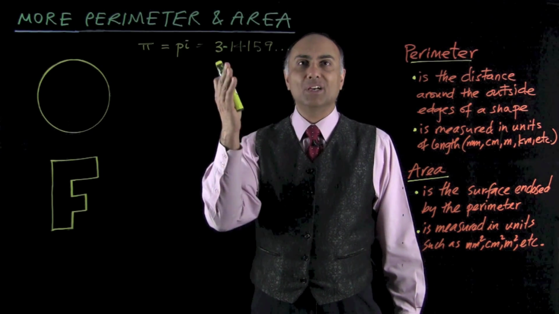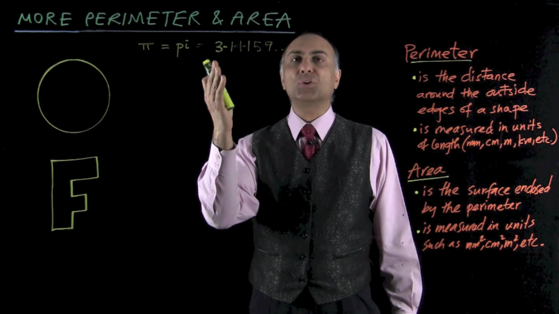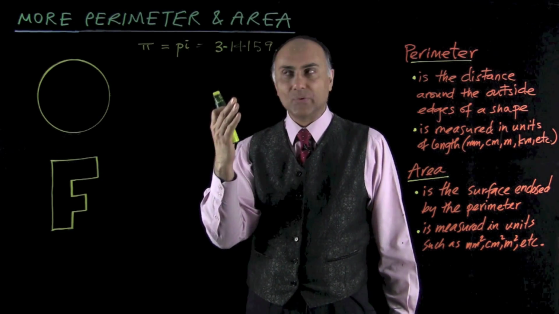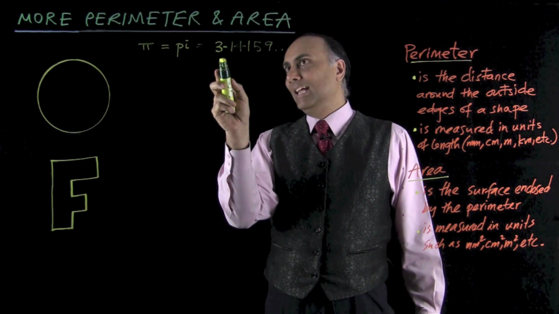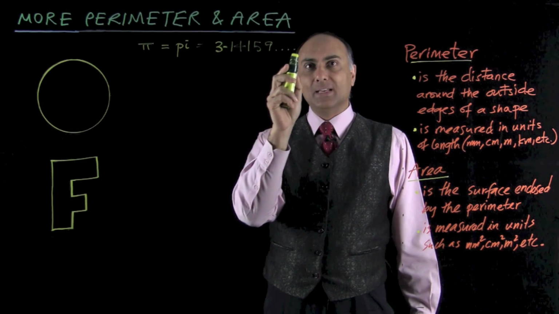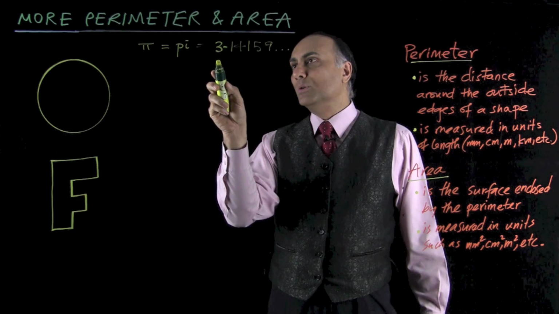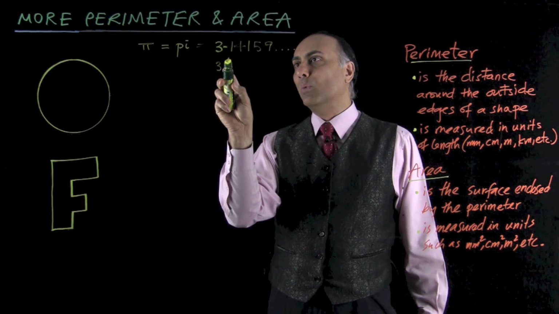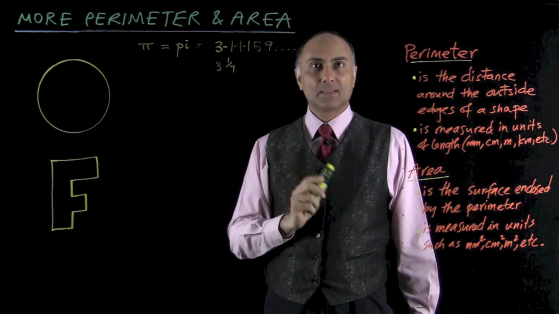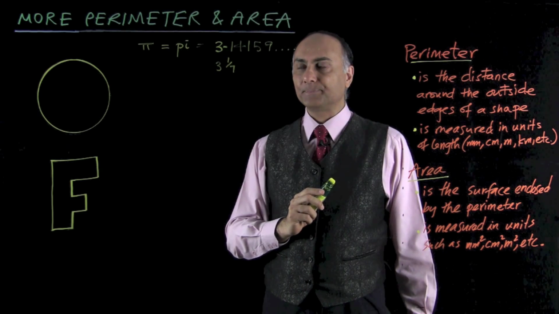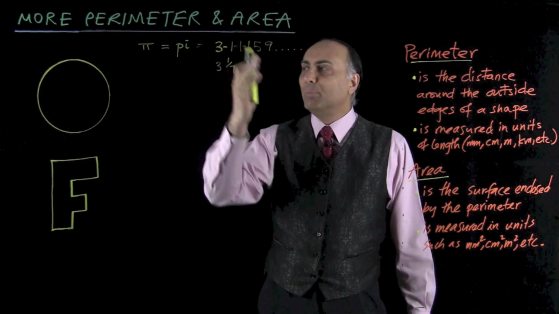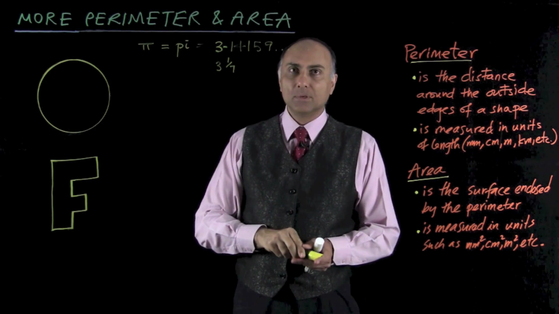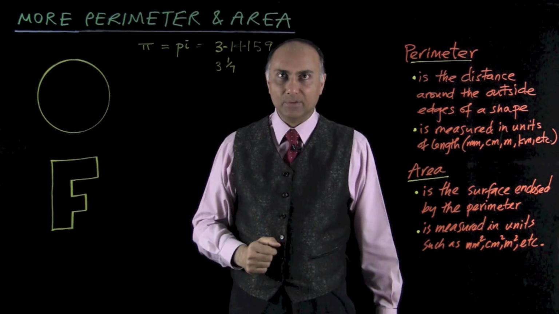More likely just 3. But if you remember, it's just over 3 rather than just under 3. That can help you. Now, in fact, 3.14159, etc., is very close to 3 1/7. That can be useful. So it's roughly 3 1/7.